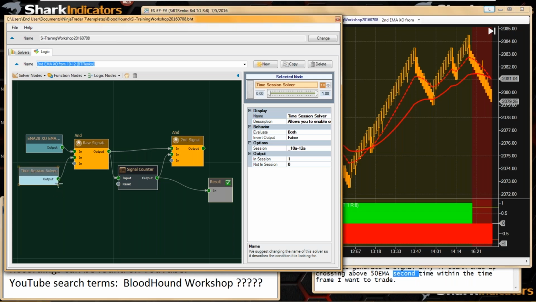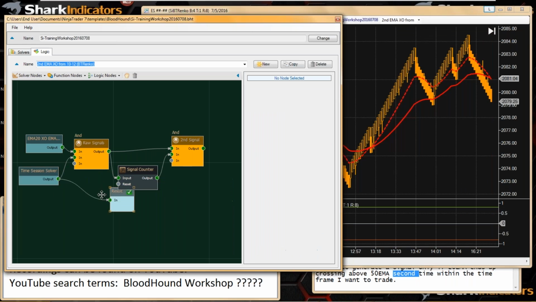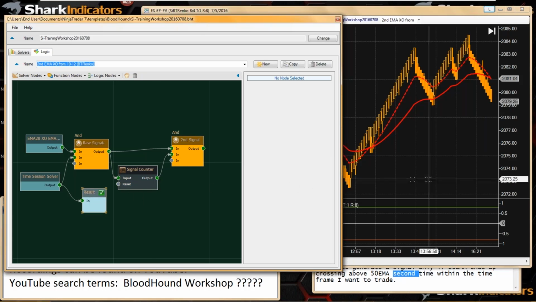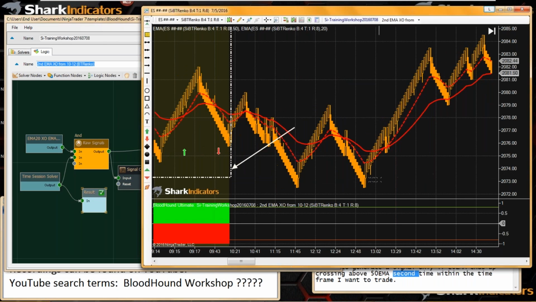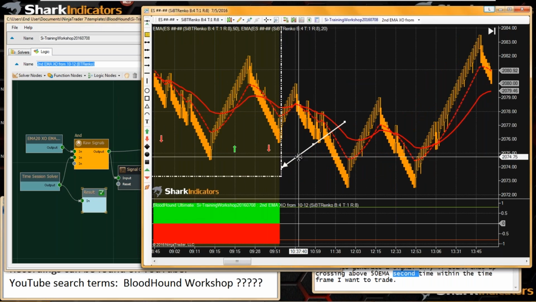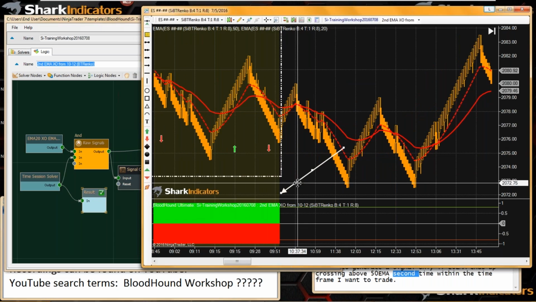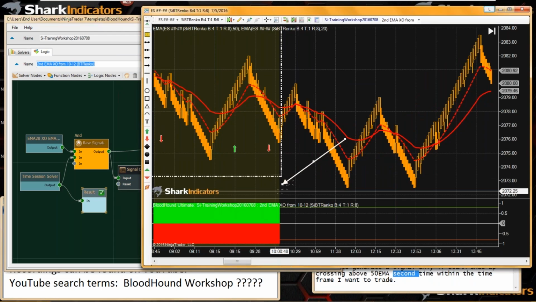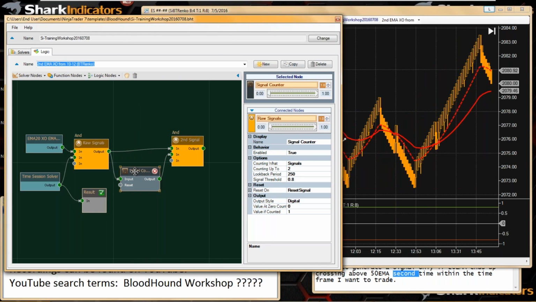So what we could do is take the time solver. We're looking at the time solver now, and you see how the time solver ends exactly right there. So we could use that end time to actually reset the signal counter.